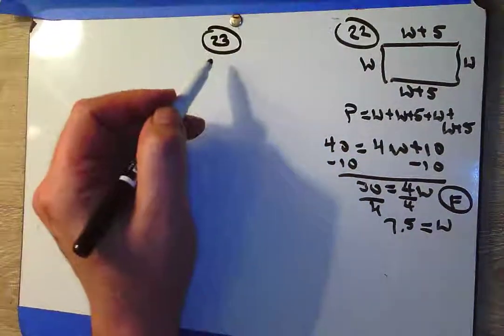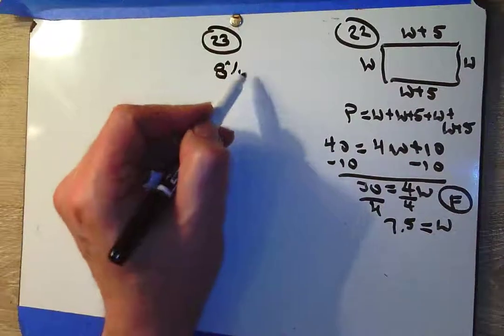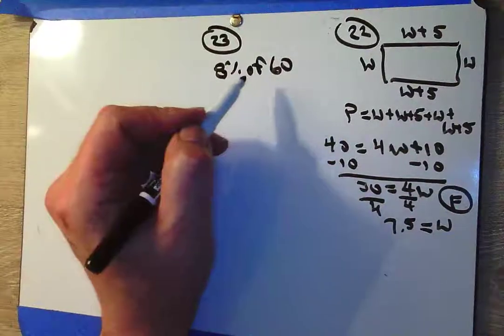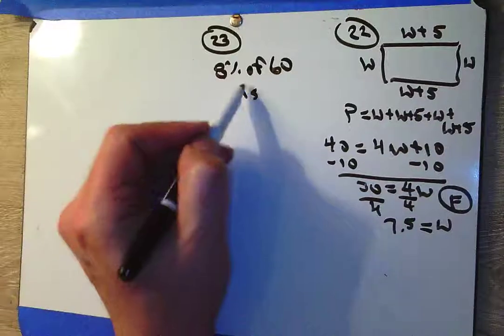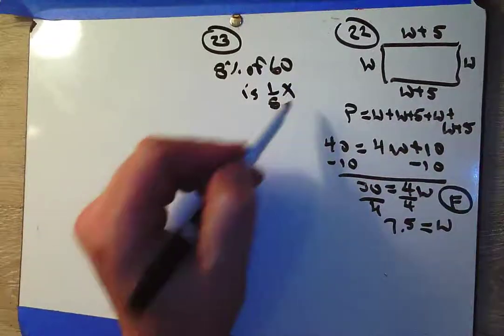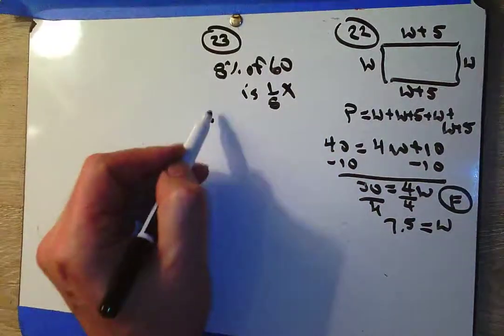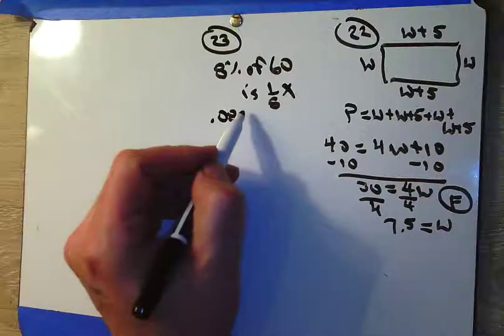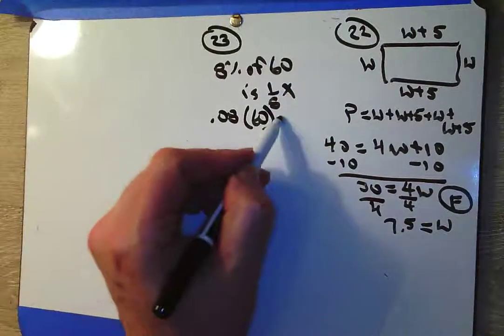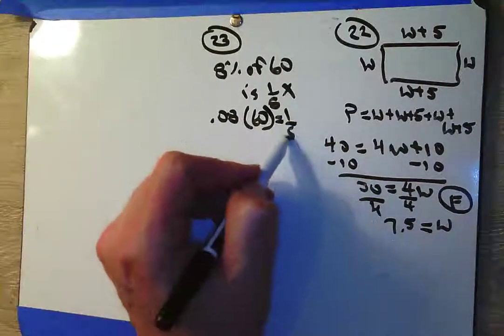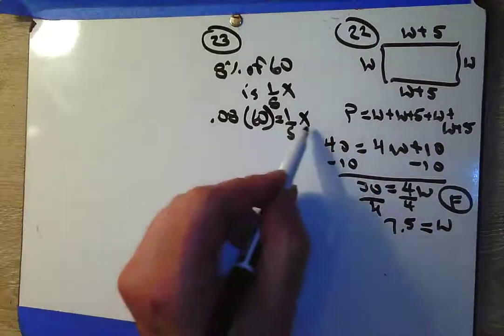23. 8% of 60 is 1/5 of what number? All right, so that's 0.08 times 60 equals 1/5 x. And I'd like to know what x is.